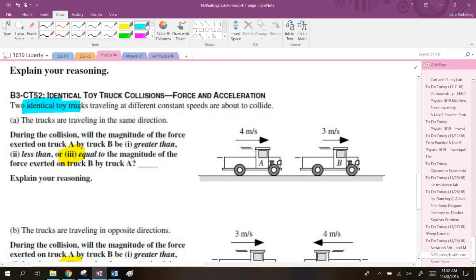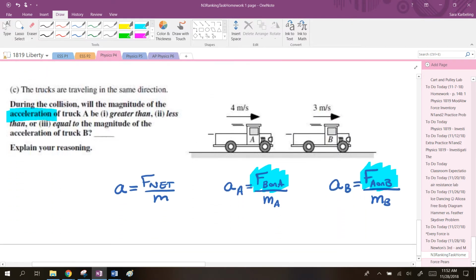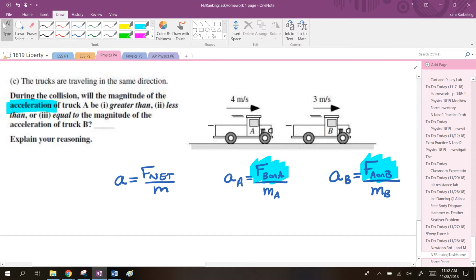It says that they're identical. What does that mean about their masses? It seems like identical would imply that they're the same, right? Yeah. So that means we know F of B on A equals F of A on B, and we know that MA equals MB.